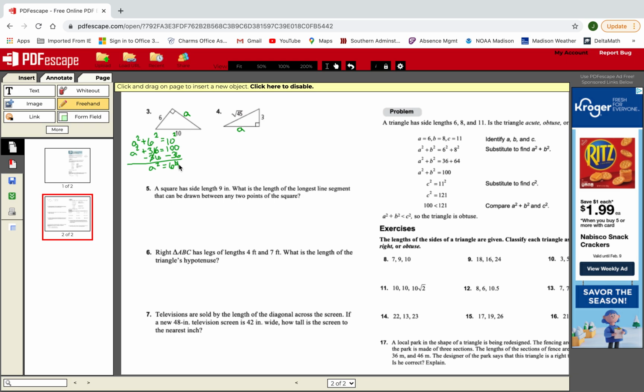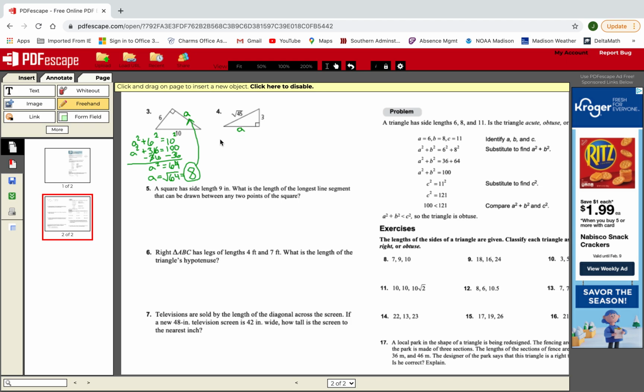Taking the square root of both sides, I get that A is the square root of 64, which is, of course, 8. So that tells me my missing leg up here is 8. And that is a Pythagorean triple that we will talk about soon, I presume.